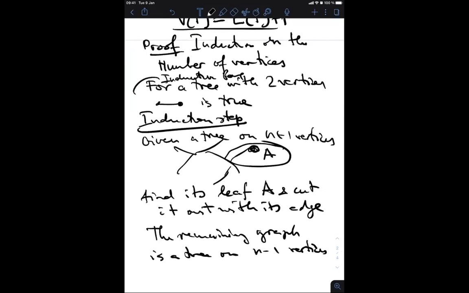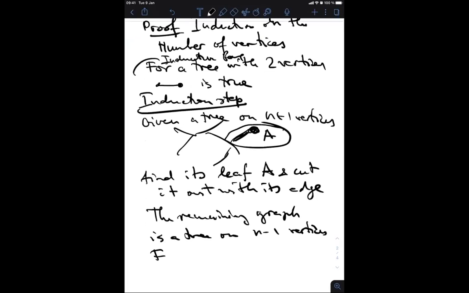And if we're removing the hanging vertex, the leaf A and its edge, it can only involve paths going to the leaf, because no other paths between all other vertices can ever use this unique edge connecting A to the remaining thing. So the remaining graph will have exactly the same property. It will be connected, and there will be a unique path connecting any 2 vertices in it. So that's why it's a tree.